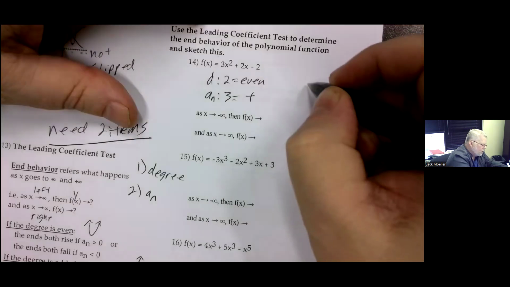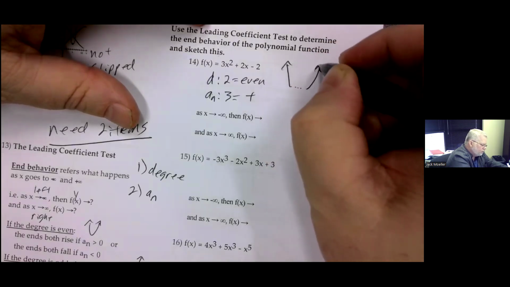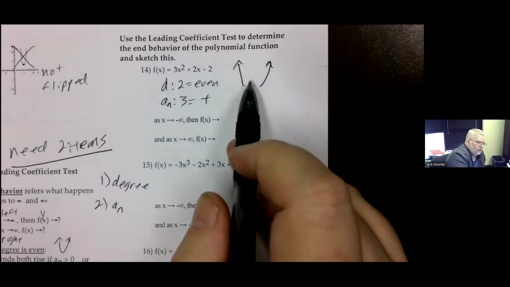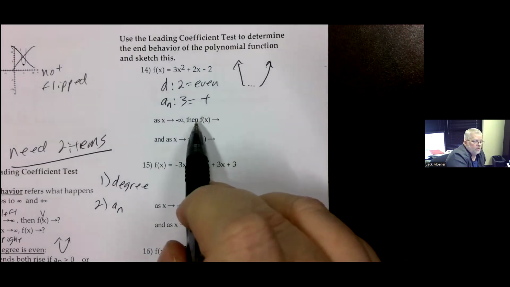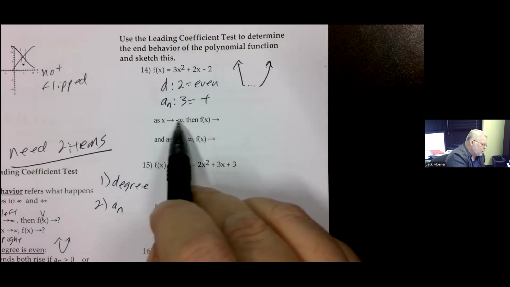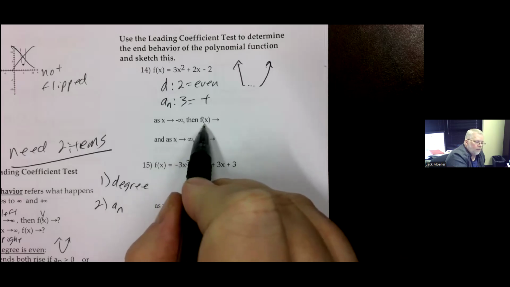So the first thing I do before I do anything else is I do that little sketch. And by having that sketch, particularly if you're a visual learner, I think it makes it easier to answer in the calculus format. So as x goes to negative infinity, so as x goes to the left, what are the y values doing?